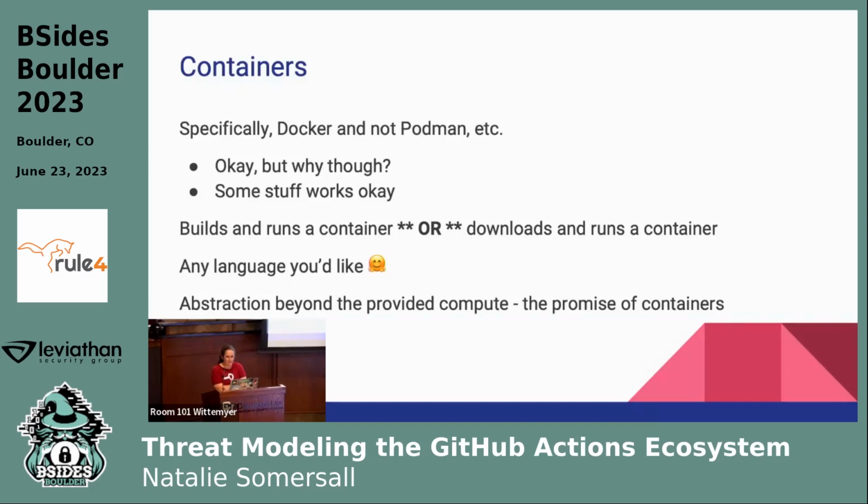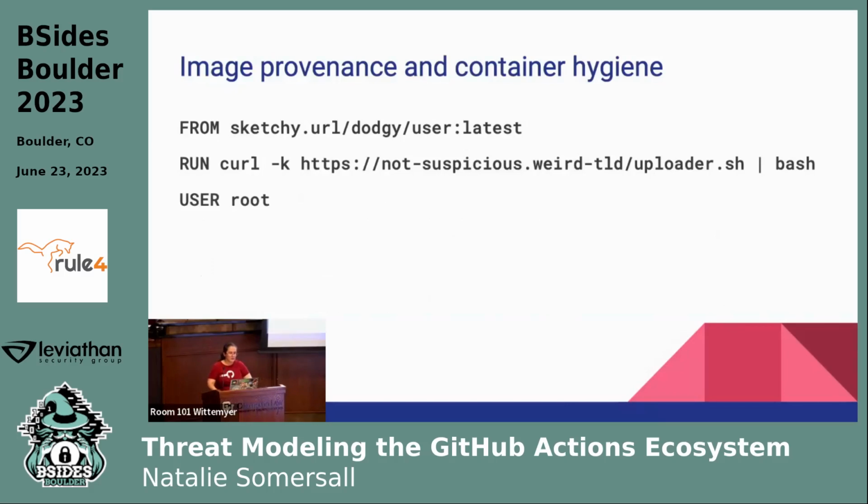And you get the beautiful thing about containers, which is you can write in any language you'd like. You can do all the fun things. It's really just an abstraction above the provided compute, which is the whole promise of containers. However, image provenance, container hygiene, all that good stuff is on you.